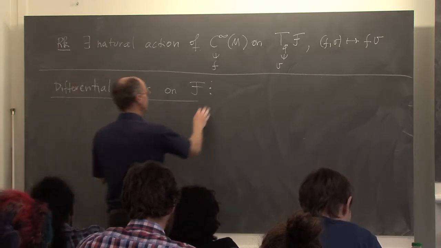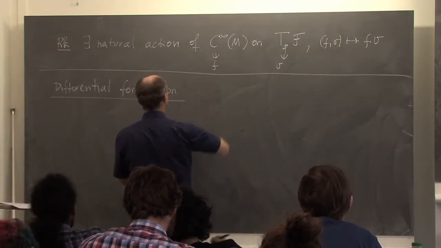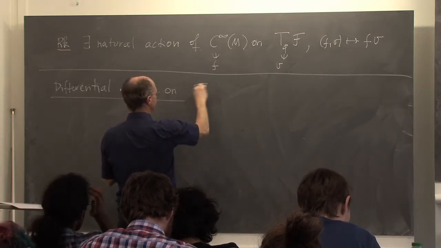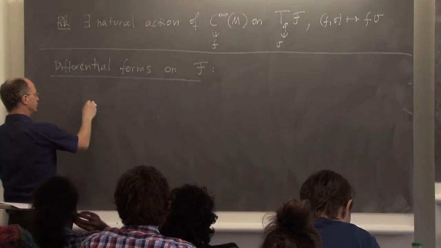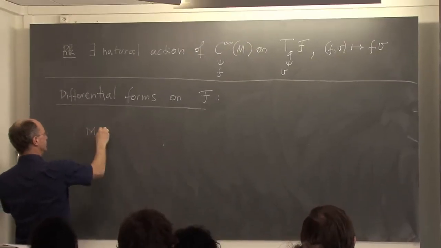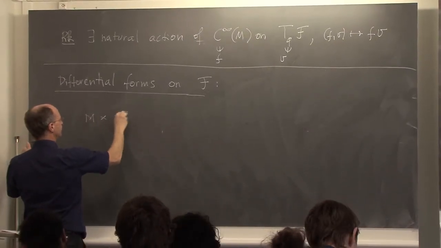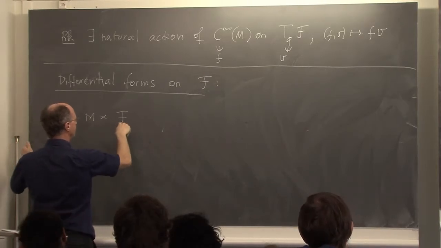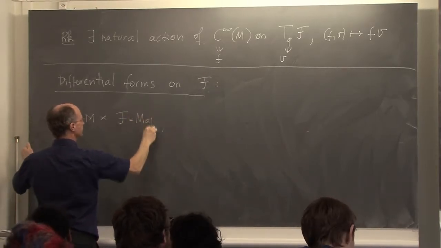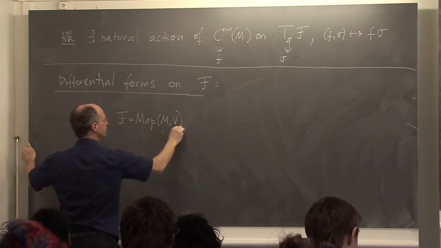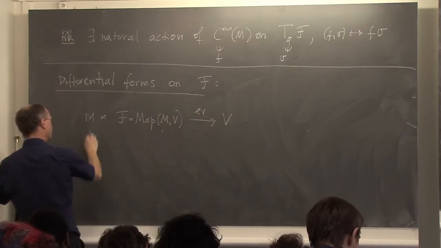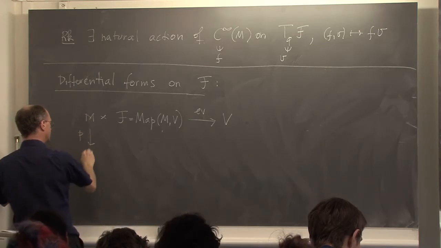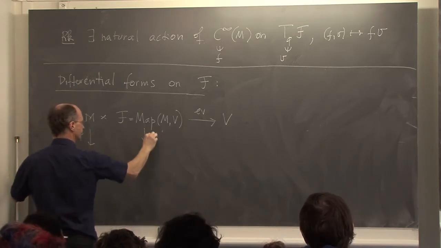Right. So let's go back to this diagram. So we have M times F, which is maps from M to V. We have the evaluation map, and we have the two projections.